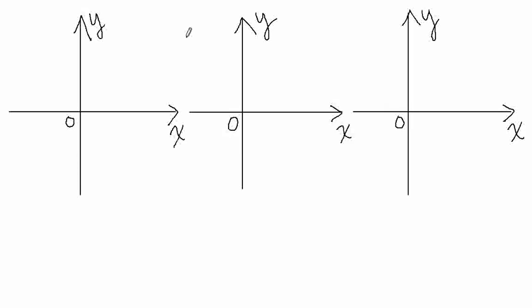So I will make 3 copies of the graph that corresponds to the x squared function. You may know that it is a parabola that looks like this. It's a parabola that goes through the origin.